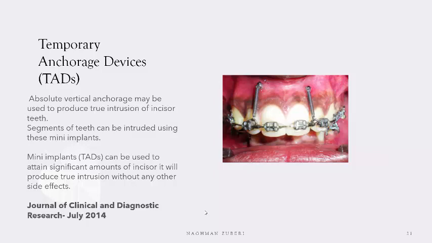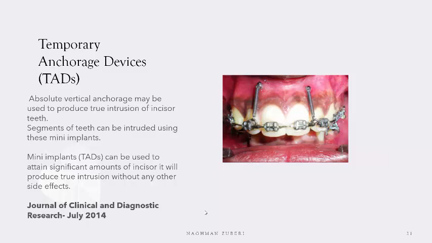One is if you are using the temporary anchorage devices, or mini implants, which we call TADs, or if the tooth is ankylosed. Which tooth? The one which you are using for anchorage purpose. So these are the only two possible situations where we will get absolute anchorage.